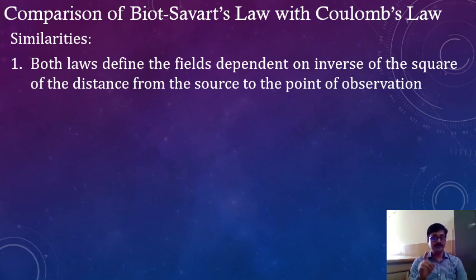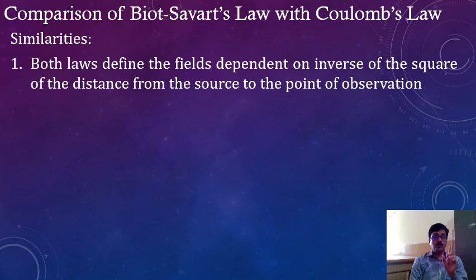If you remember, point P we had marked. In case of electrostatics, the electric field, what is the source? Source is charge. Similarly, in Biot-Savart law, the source of the magnetic field is the current element.